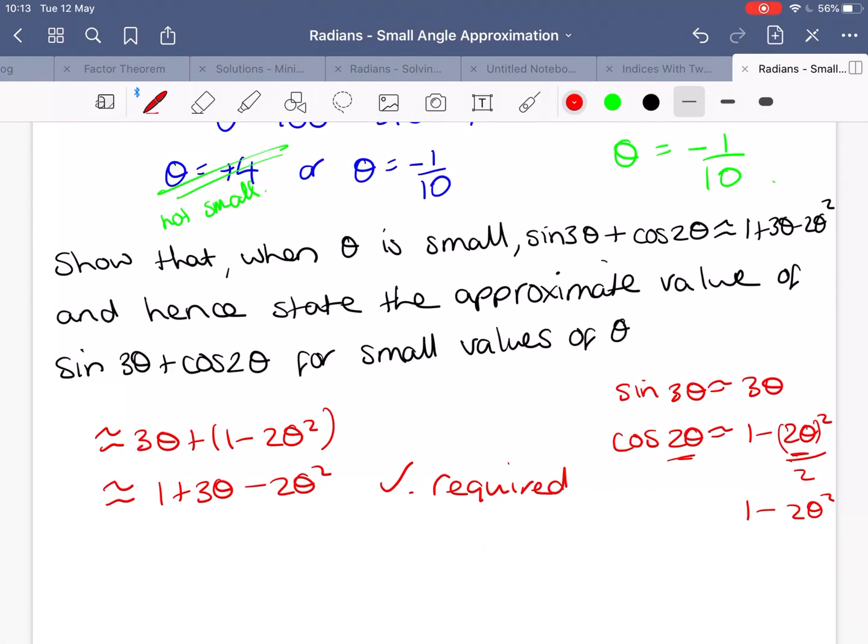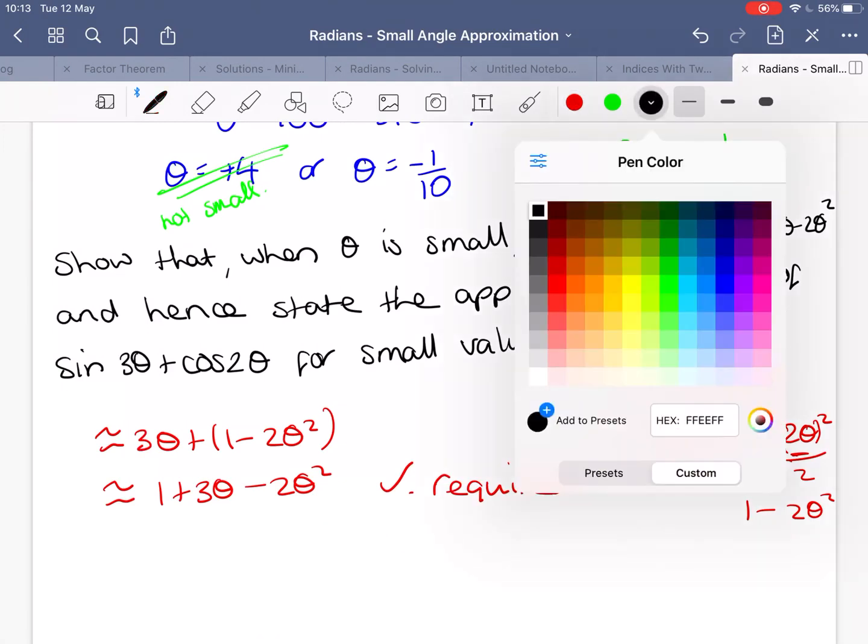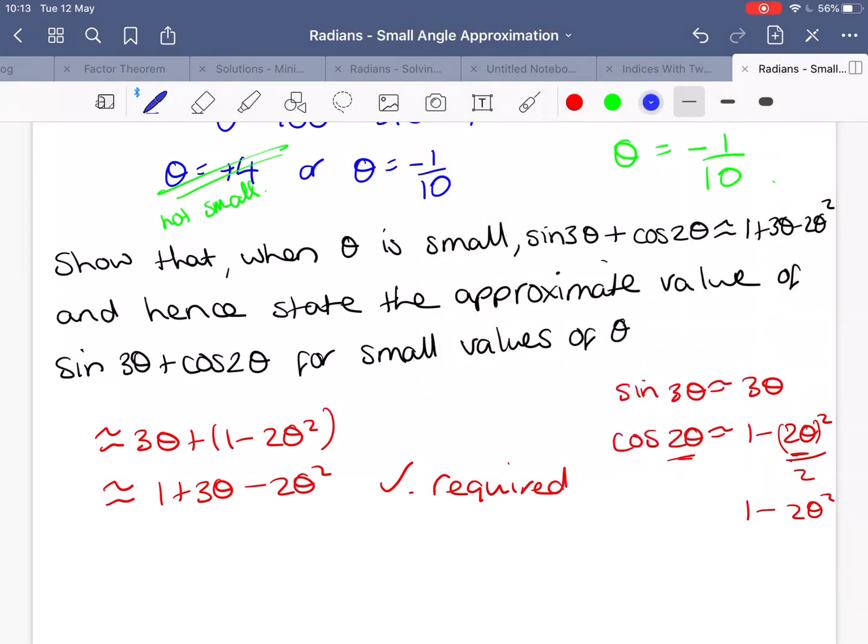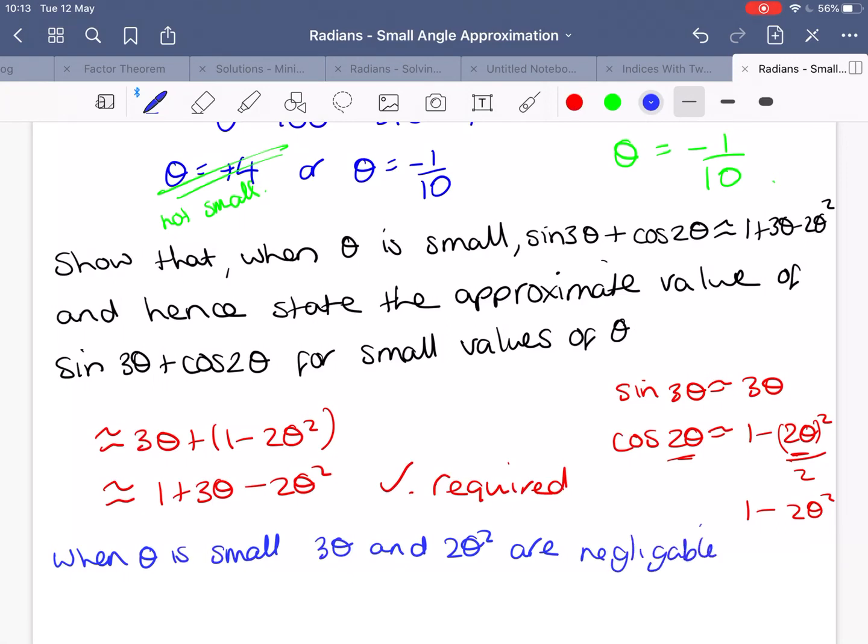Now part B says, hence find what the value is of sine 3 theta plus cos 2 theta when theta is small. So when theta is small, you could say 3 theta and 2 theta squared are negligible because they're small as well.